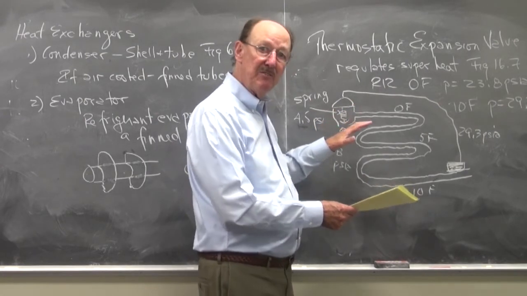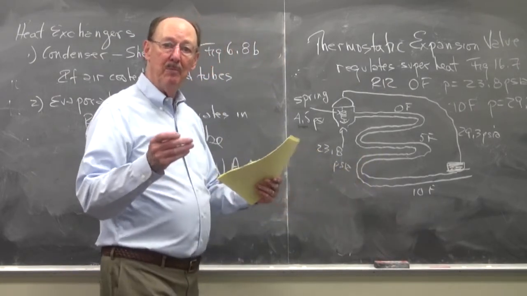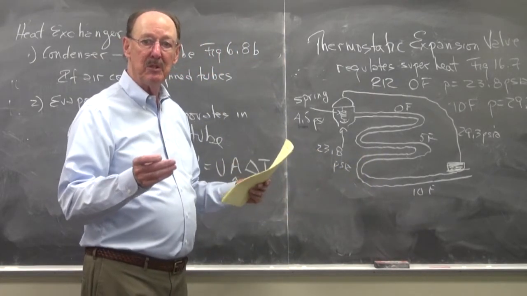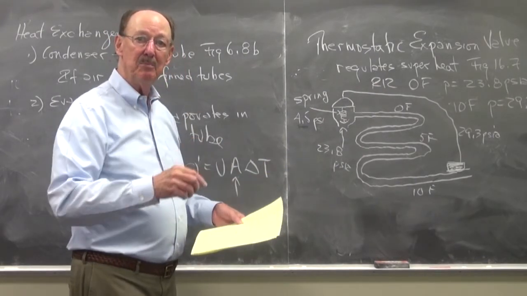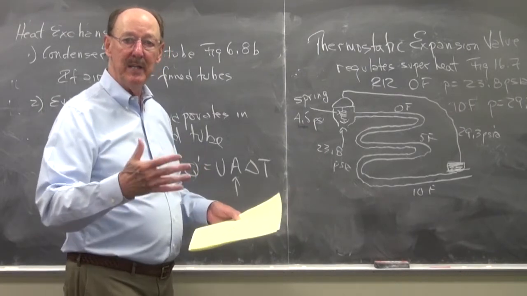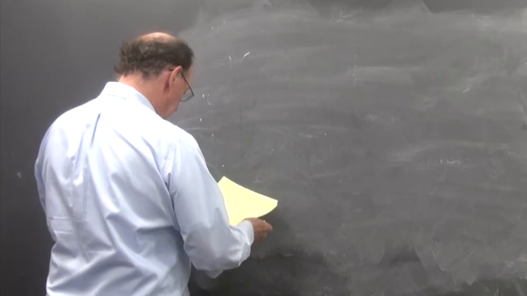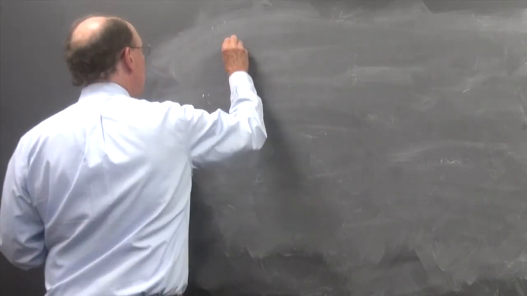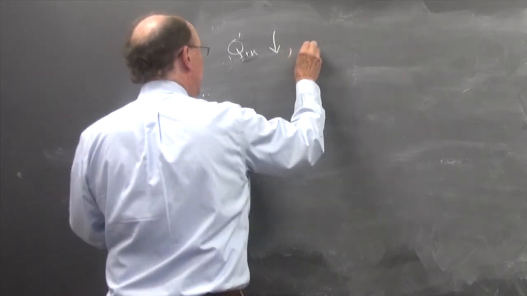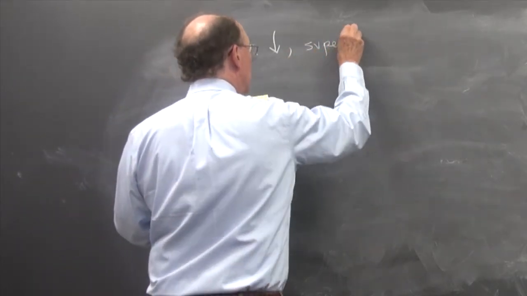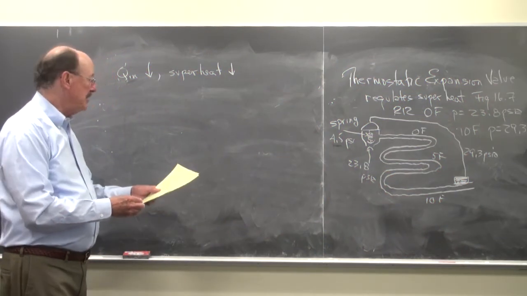And so everything is fine, but your cooling load changes. What makes this so nice is it's a very stable control system. So now let's say Q dot in decreases because you've cooled down the food in the air-conditioned space. So Q dot in decreases and the superheat decreases.